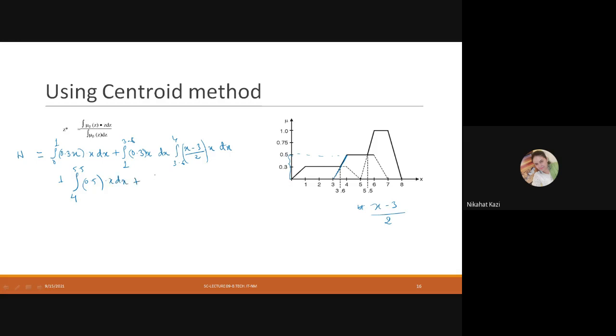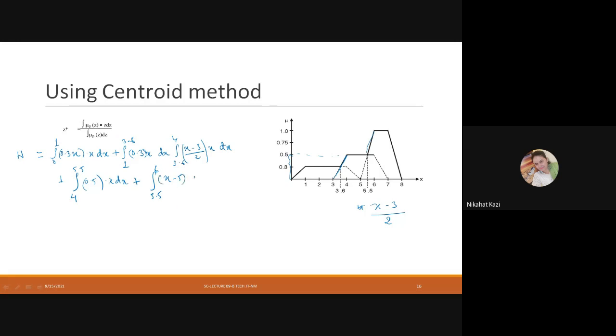Next, from 5.5 to 6. Now tell me, what is the equation of this line? x minus 5, since that is 1. So x minus 5.